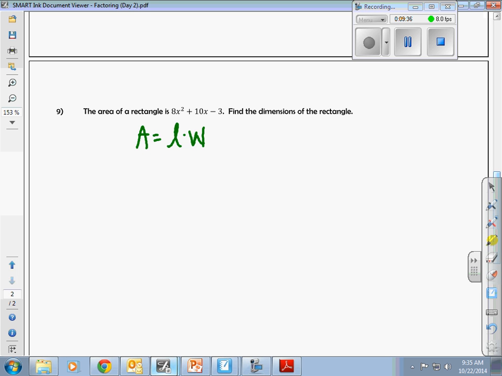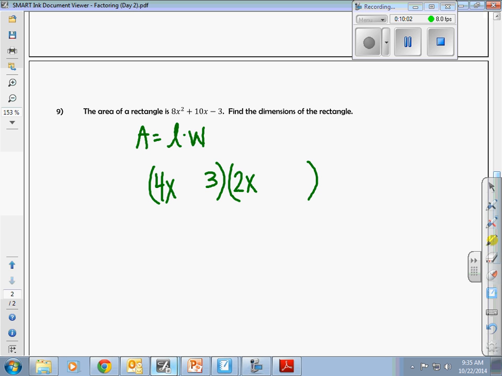So what I'm going to do is I'm going to factor this trinomial. So I start out thinking, well, I have 8x squared plus 10x minus 3. So I'm going to make a binomial. I'm going to try 4 and 2, factors of 8, so 4x and 2x. And then 3 is nice because 3 is prime.